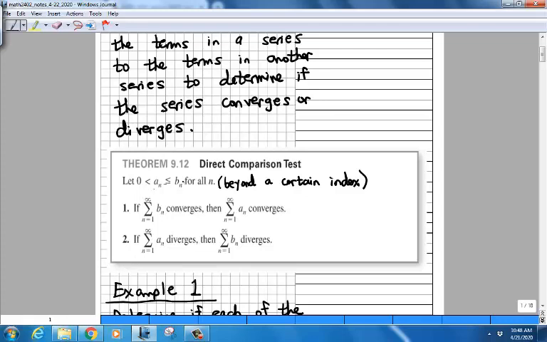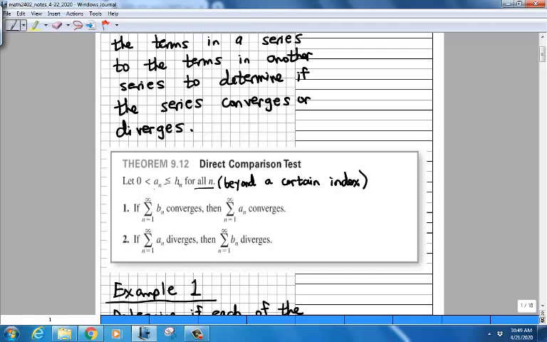I want to point out that this statement of the theorem says that the terms of one of the series are always bigger than or equal to the terms of the other series. Notice this says for all of your indices. But it doesn't really have to be for all n, doesn't have to be for all n starting at 1.